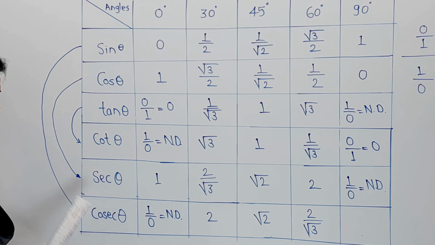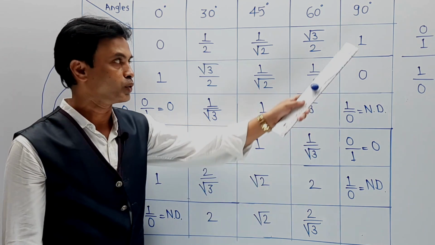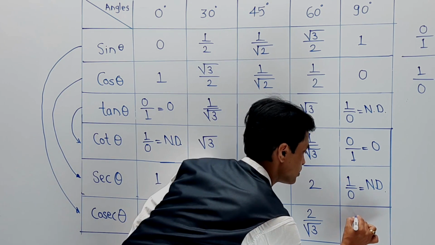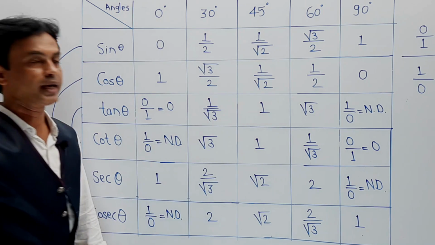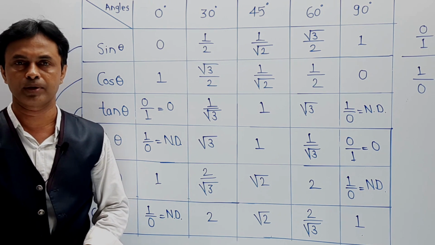Why? The reciprocal of sine is cosec, or the reciprocal of cosec is sine. And the last value is 1. The reciprocal of 1 is 1 itself. In this way, you can remember the entire table required for your examination.